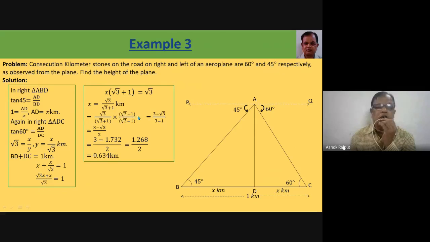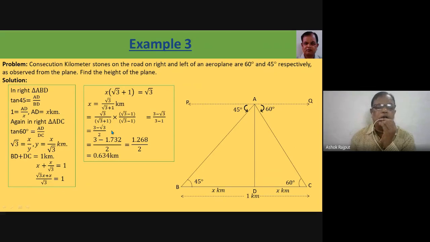Now in the denominator we see a plus b and a minus b. So root 3 into the bracket, when we break it, will be 3 minus root 3. It is the whole square of root 3, so it will be 3 minus 1, which is 2. Then 3 minus root 3 by 2.